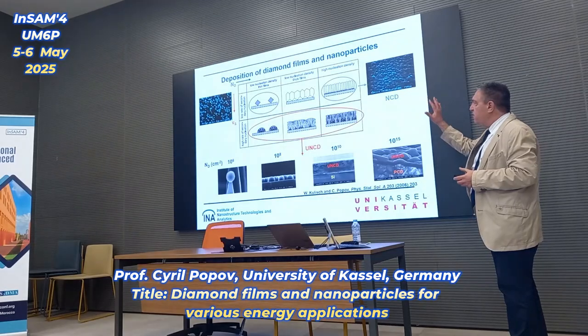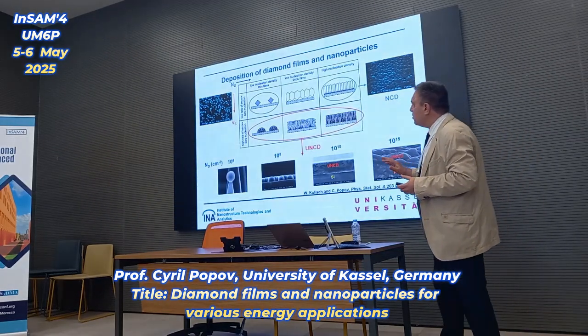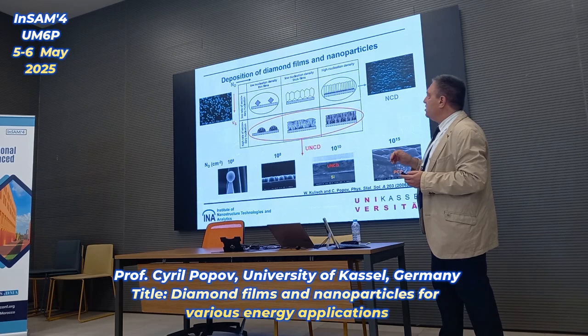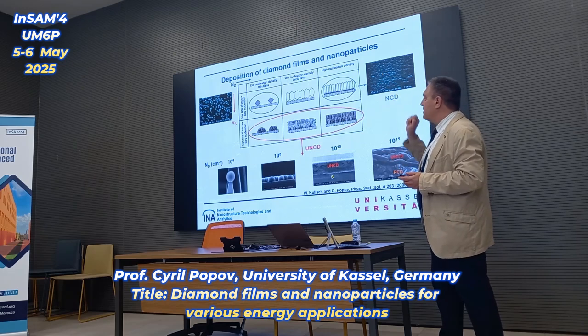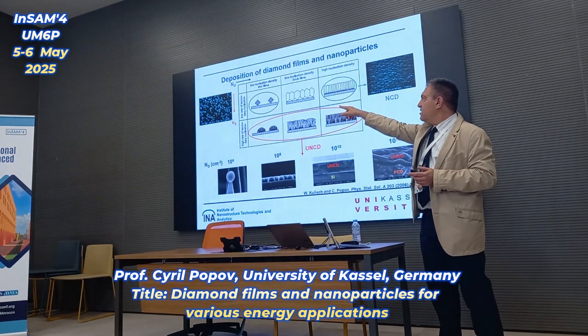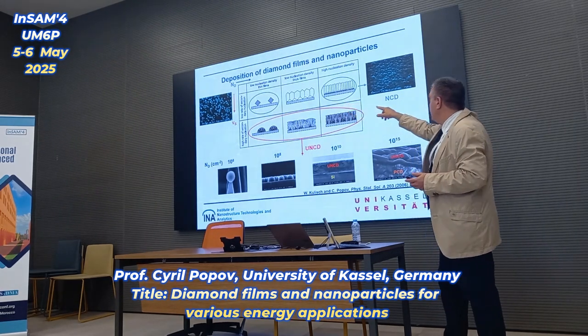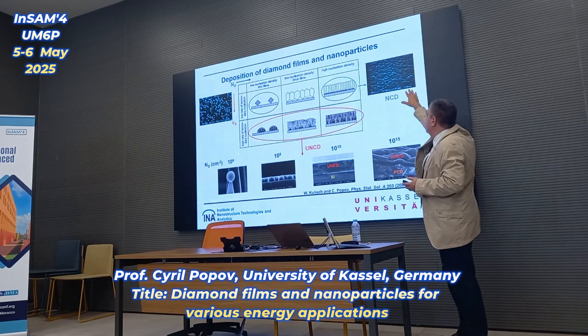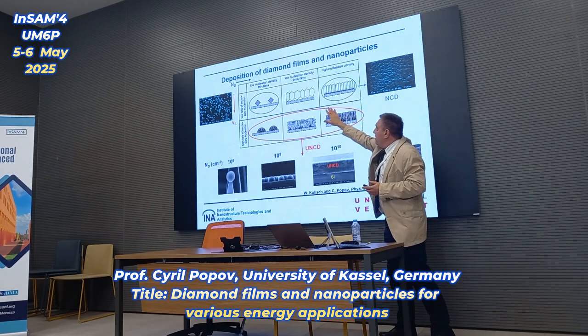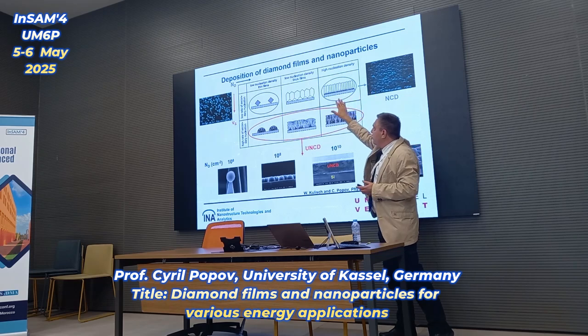So here a very brief overview about the possibilities regulating the nucleation density and the secondary nucleation rate. You see the single or separate diamond crystallites by low nucleation density, and you see the closed uniform diamond films. Of course, we can vary the crystallinity here.